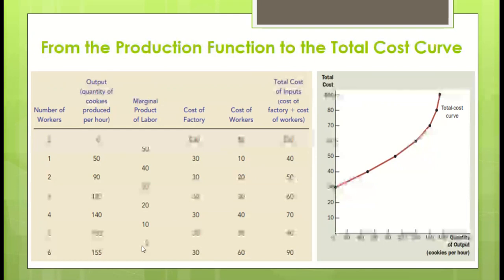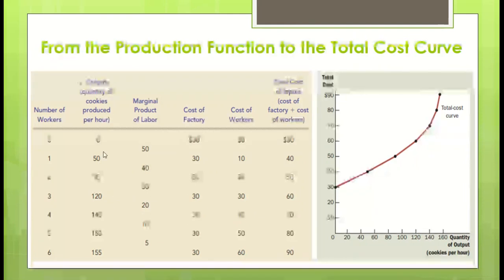Similarly, if we are using 3 laborers, the output produced is 120 units in this case, and by hiring 3 laborers the marginal product of labor is 30, that is change in Q divided by change in L. So change in Q here is 120 minus 90, divided by change in L, that is 3 minus 2, which equals 30.